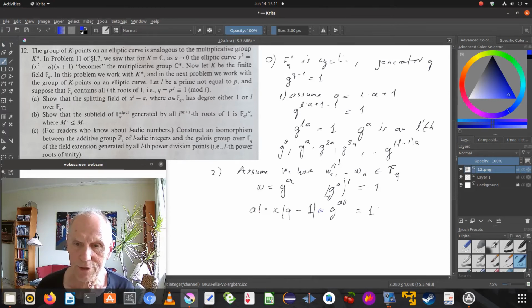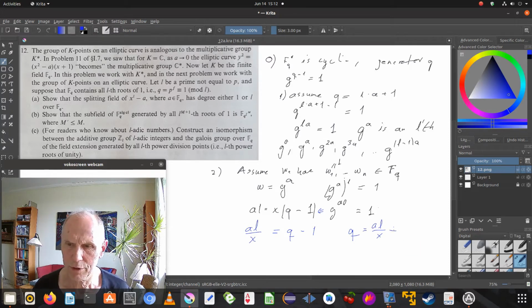We go from here to here, and this equation means that x divides AL, thus Q equals AL plus 1, and we needed to show that it was equivalent to 1 modulo L. So that means I need to show that x divides A.